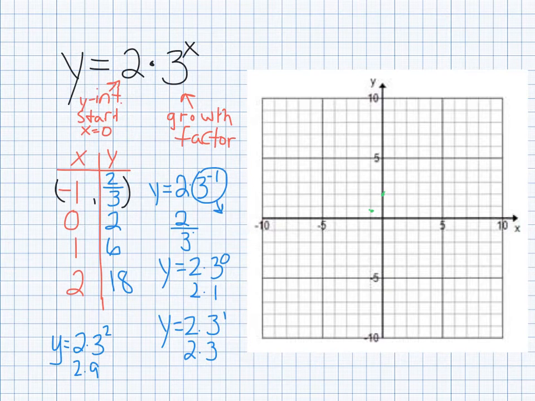When x is 1, y is 6. And when x is 2, y is 18, way up here. So this is not a straight line. These graphs have a curve to them.